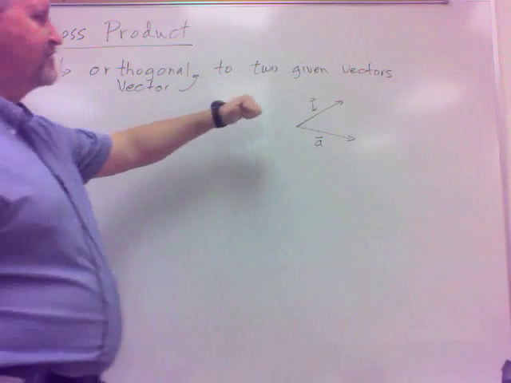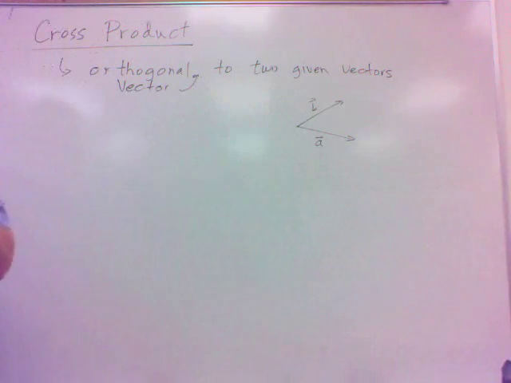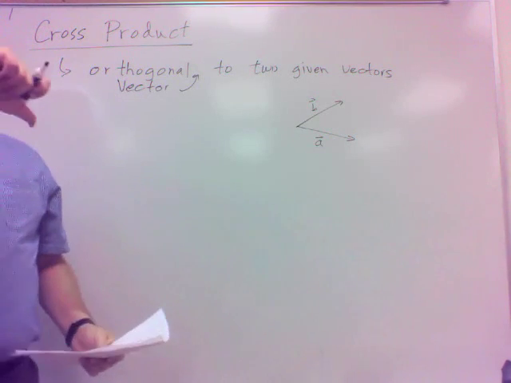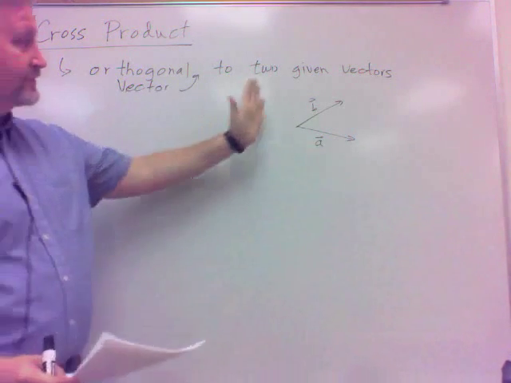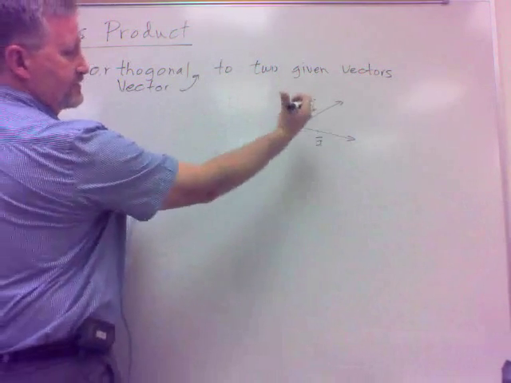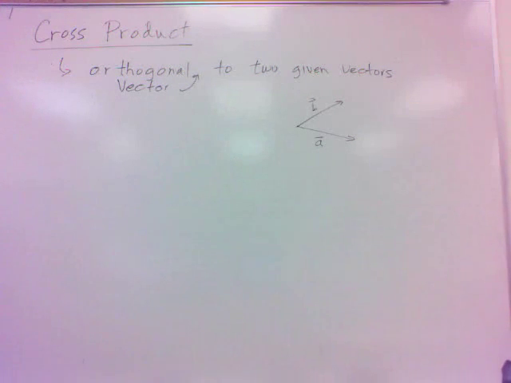On a two-dimensional, it's going to be straight out. Now, it can actually go the other way, too. It can go inward. I'll talk about that in a second. It could come out or go backwards.